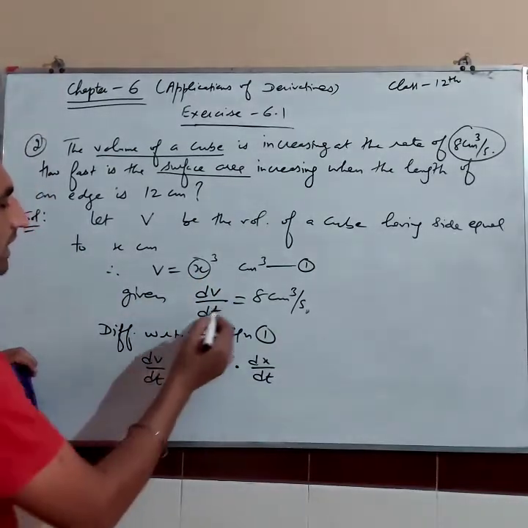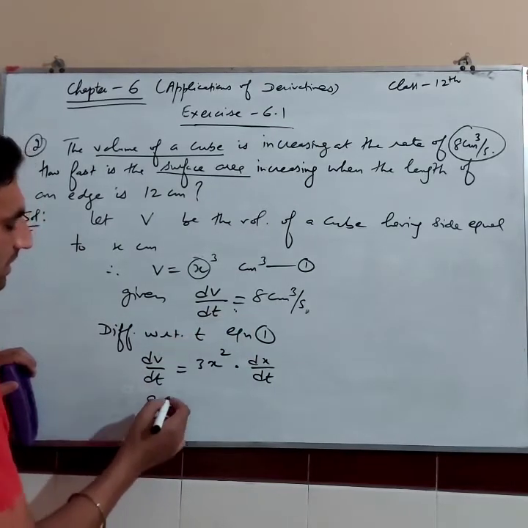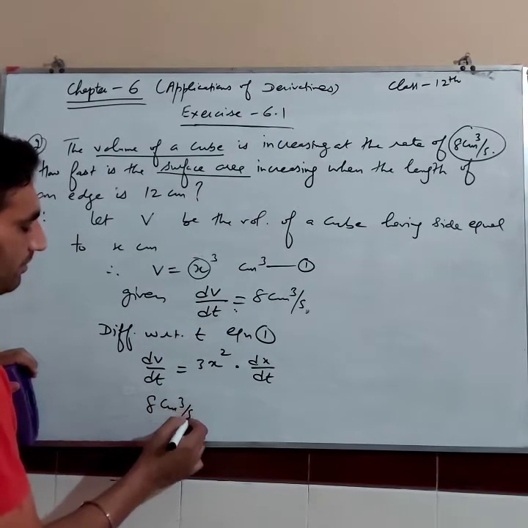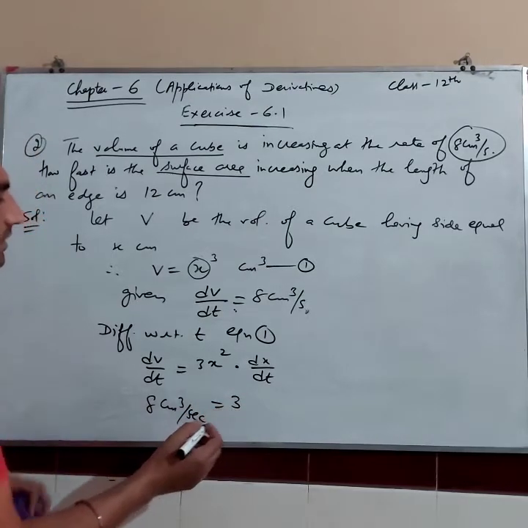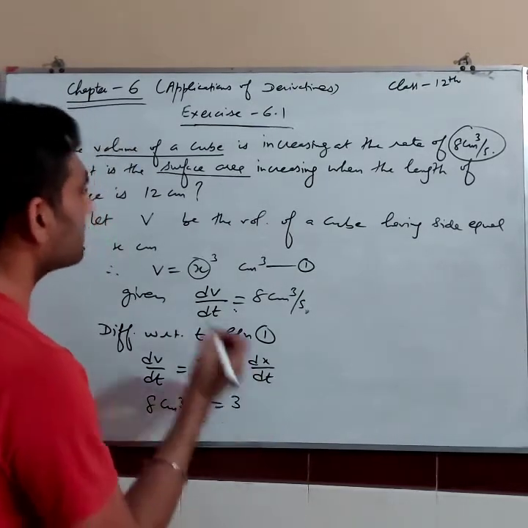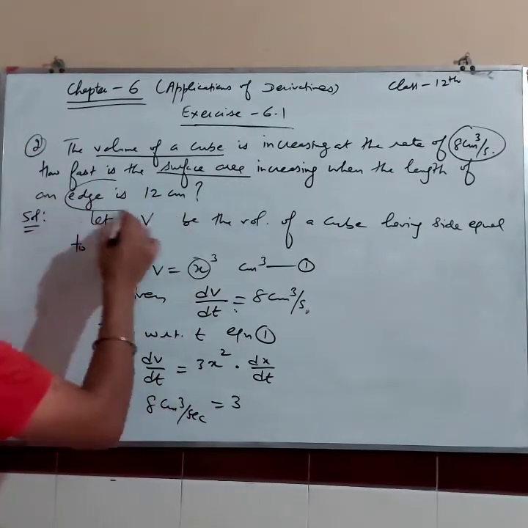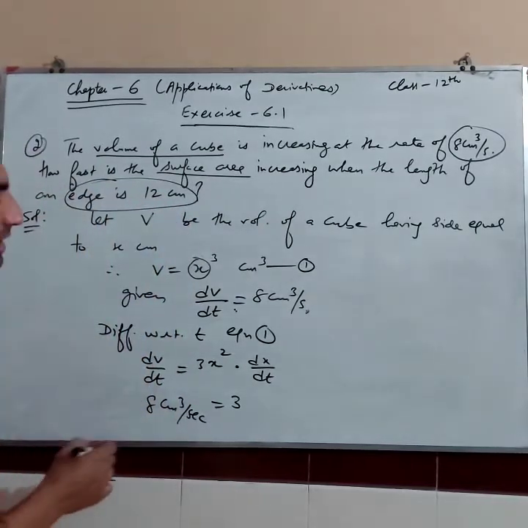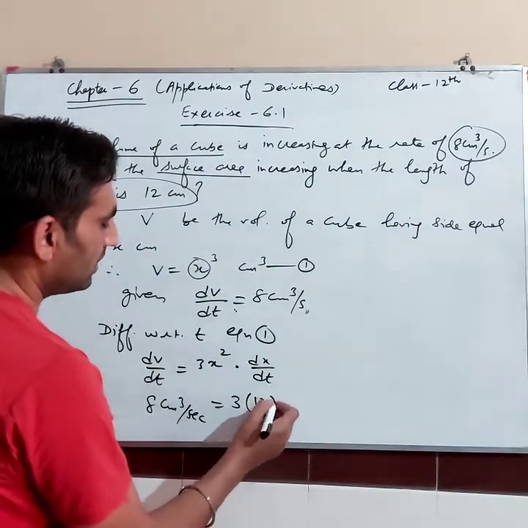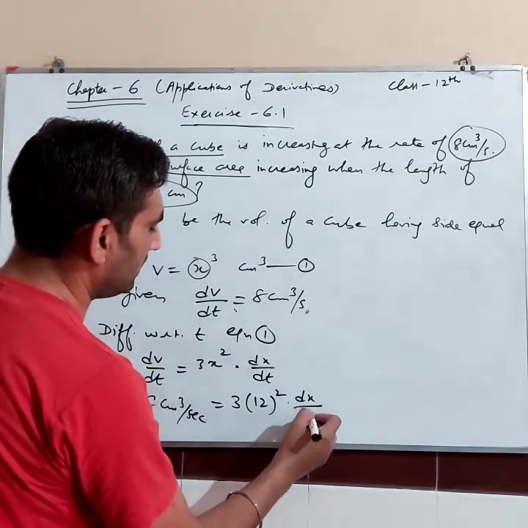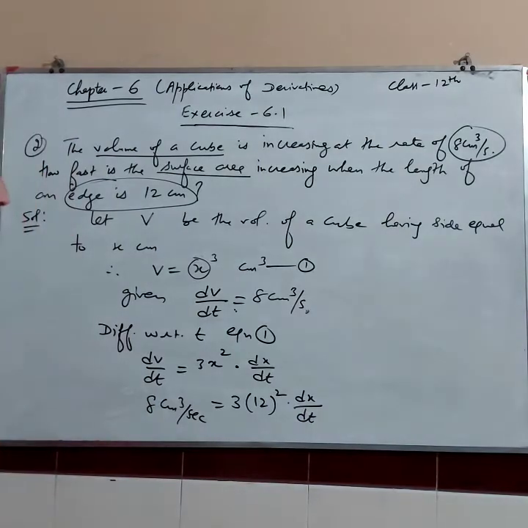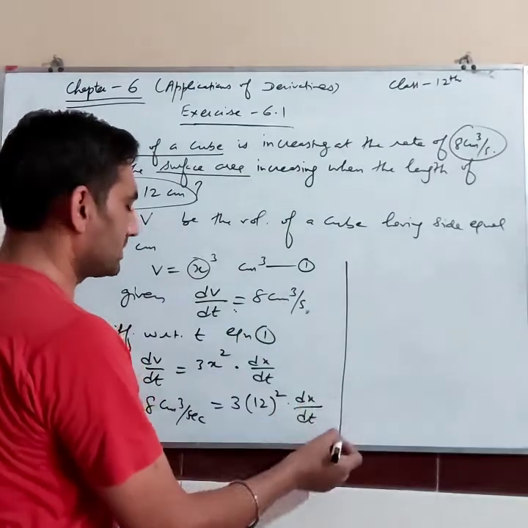Now dV over dt given, it is 8 centimeter cube per second, and here you have 3 into x square. What is x? Edges. What is edge given? 12 centimeters. So I will use 12 square into dx over dt. Now we have to solve this and we will get an answer of this.